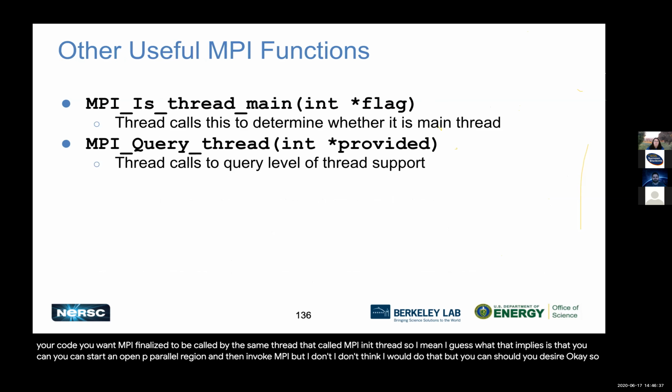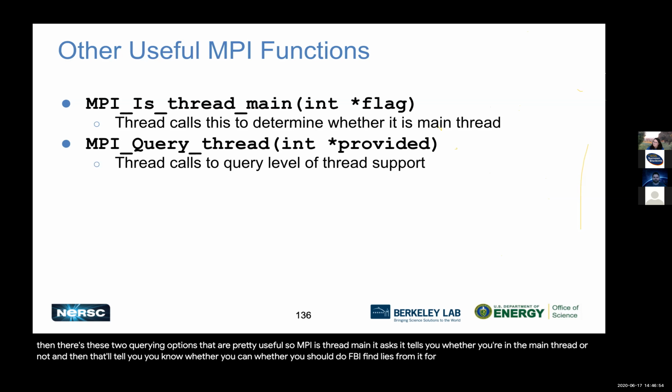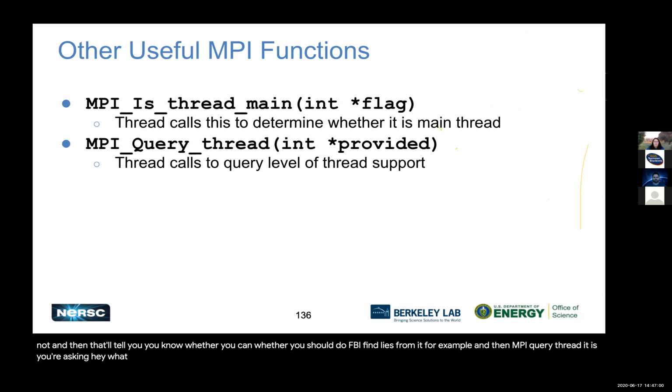Then there are 2 querying options that are pretty useful. MPI is thread main tells you whether you're in the main thread or not, and that tells you whether you should do MPI finalize from it, for example. And with MPI query thread, you're asking what level of thread support we have here.